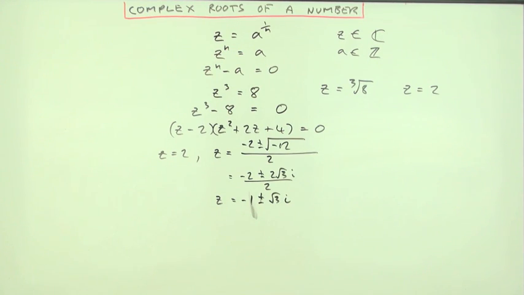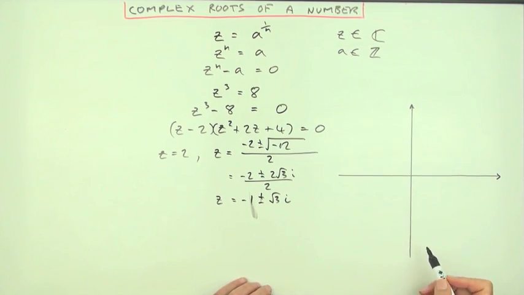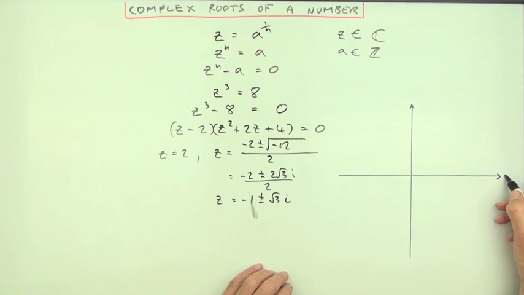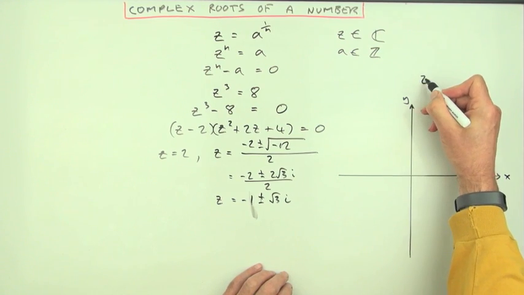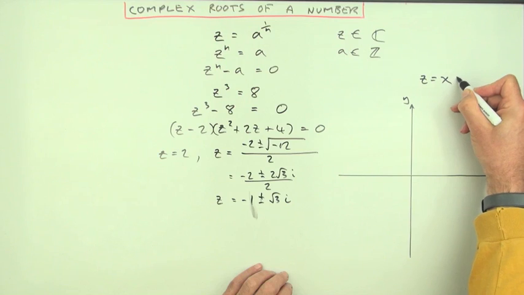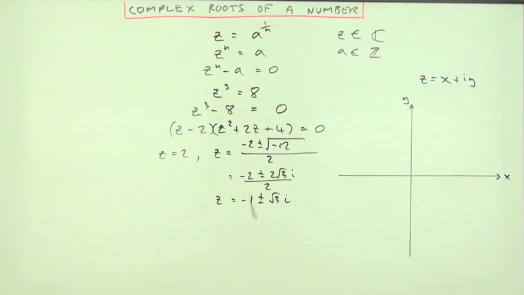There's my 3 roots. A wee bit of working, but what's more interesting about them is if I now plot them in a diagram. If I plot them in an Argand diagram. Now, an Argand diagram is really just an ordinary coordinate diagram. In fact, those are the x and y coordinates of the point, where a complex number is written in the form of a real part plus an imaginary part.